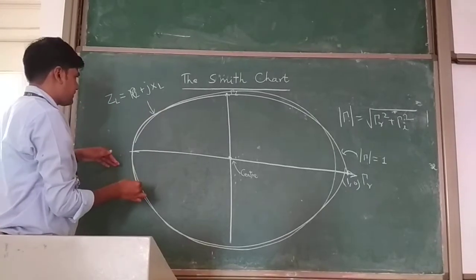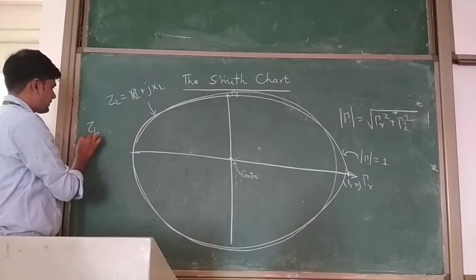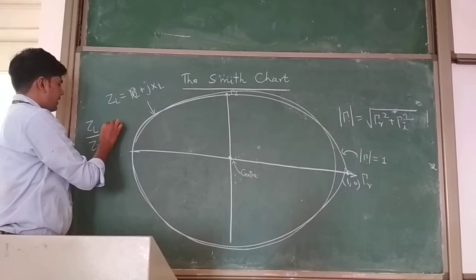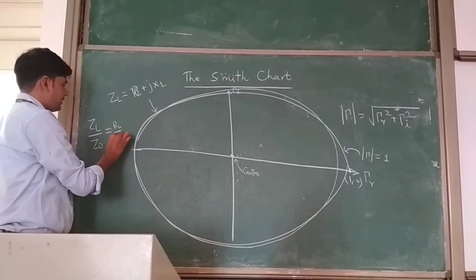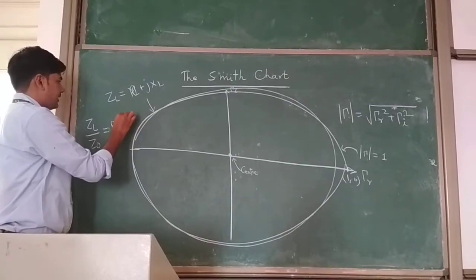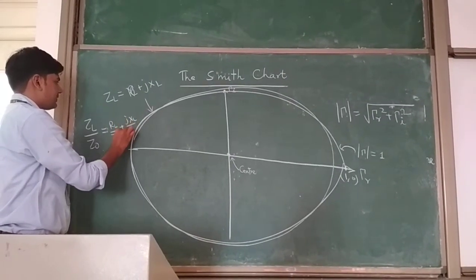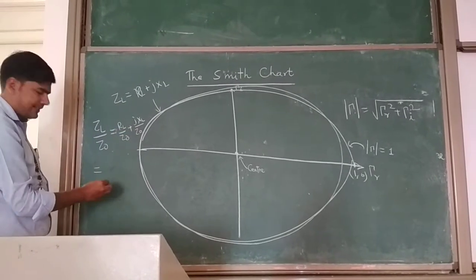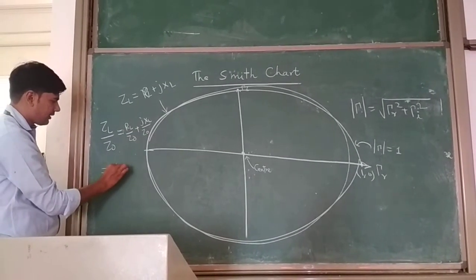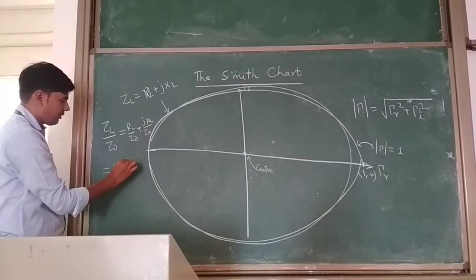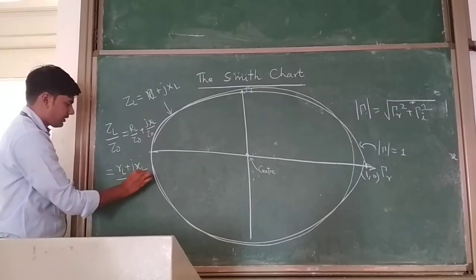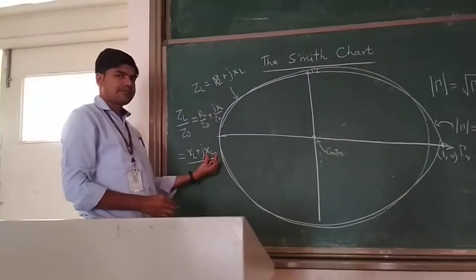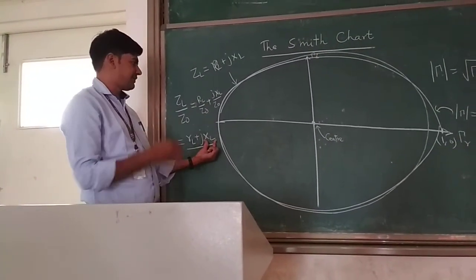If you normalize it with the characteristic impedance, this will become RL by Z0 plus jXL by Z0. This RL by Z0 is small rl plus j small xl. This is the normalized real part of impedance and the normalized imaginary part of impedance.